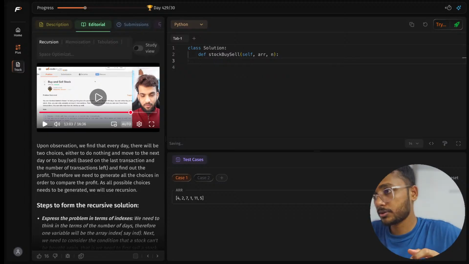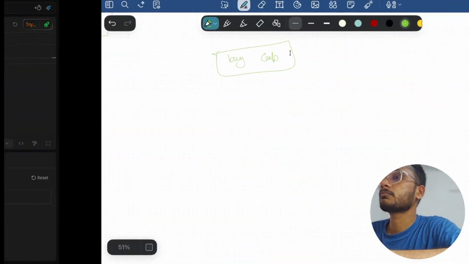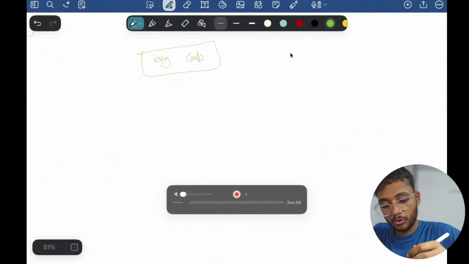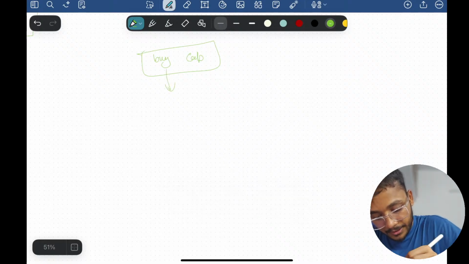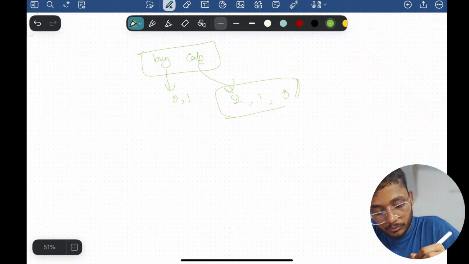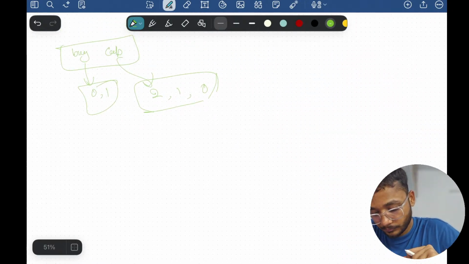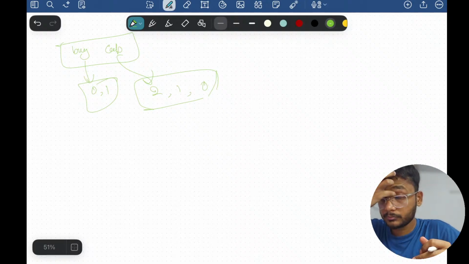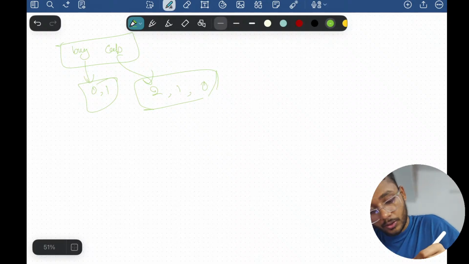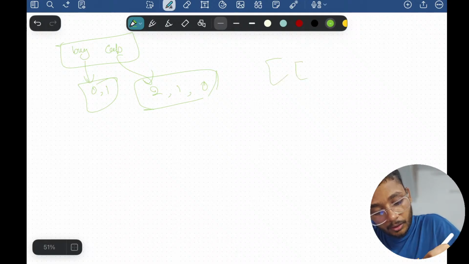We have two variables, buy and capacity. Buy can be 0 or 1, capacity can be 2, 1 or 0. So I will create one array of 2, 3, that is 2, 0, 2 and 0.